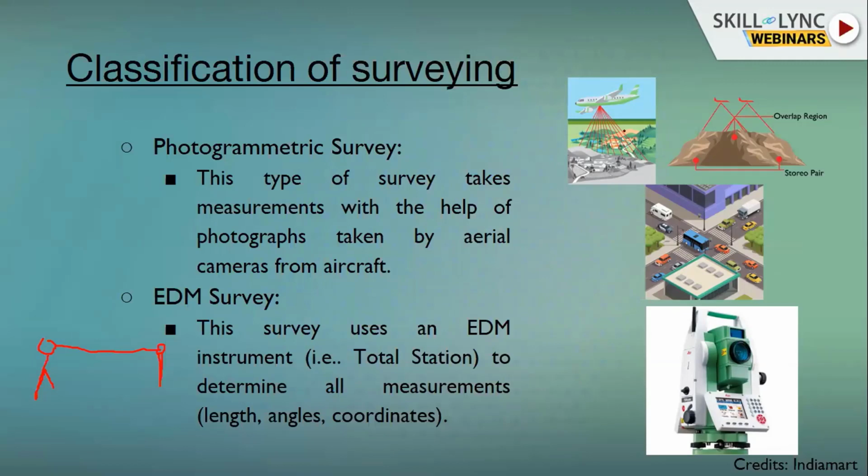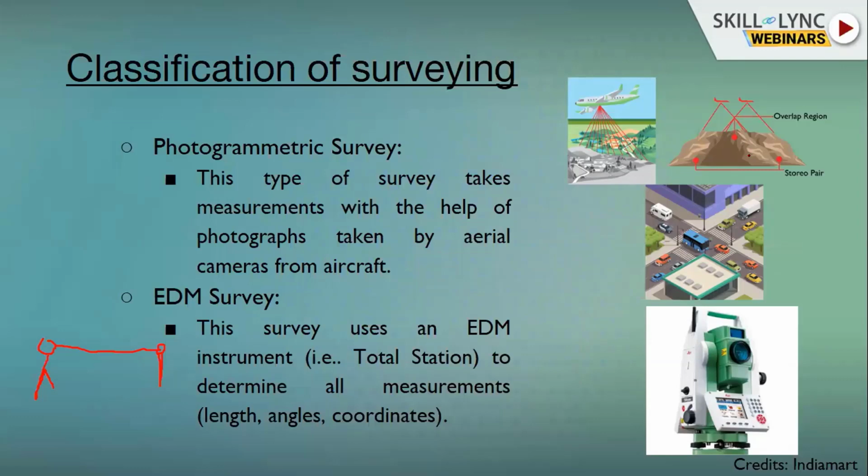It is going to take a series of images, and in between you get some overlapping region. The advantage of the overlapping region is that you can develop a 3D model.